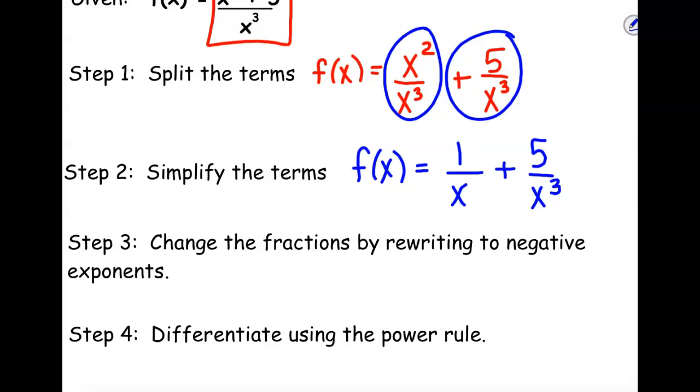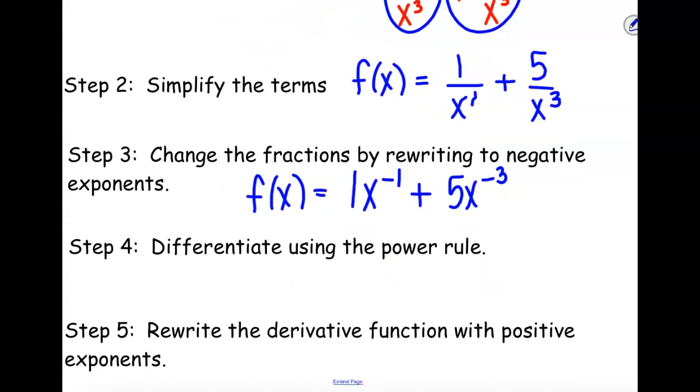Step 3, change those fractions by rewriting them as negative exponents. So our function now is f of x equals, this is a power of 1, so when we write that as an exponent with a negative, it's 1x to the negative 1 plus 5x to the negative 3.